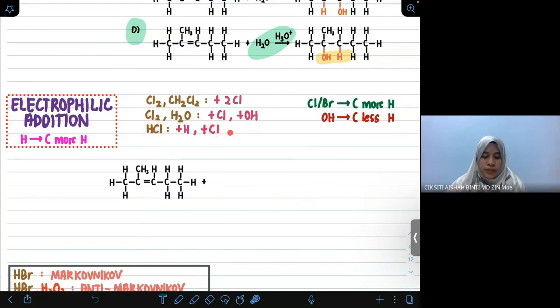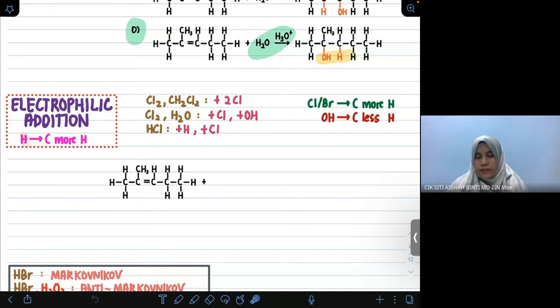This one is also easier because, if we recall, Markovnikov's rule, if you google it, does not say the electrophile adds to the carbon with more hydrogen. It mentions that the hydrogen is what gets added, because in most of the reactions we look at, the electrophile is hydrogen itself. But for chlorine and water, question B, what we're going to add is actually chlorine and OH. There is no hydrogen added, so we can't use that rule.